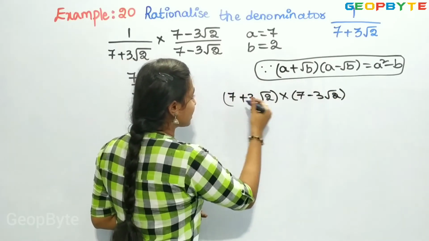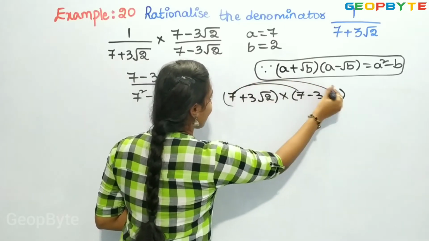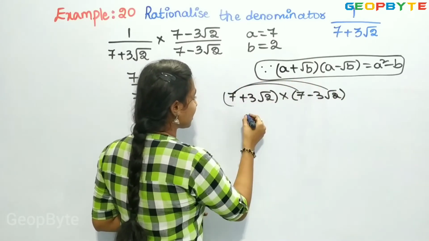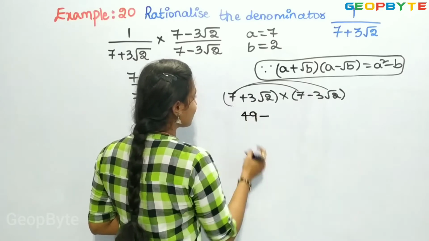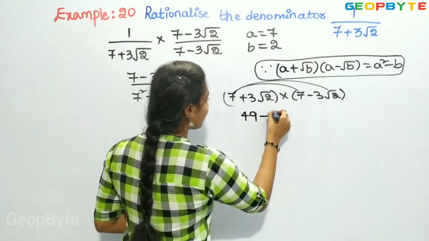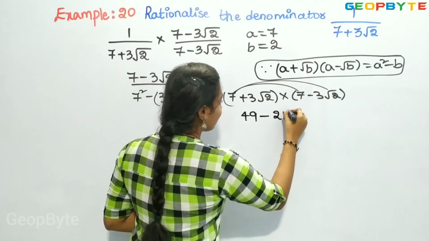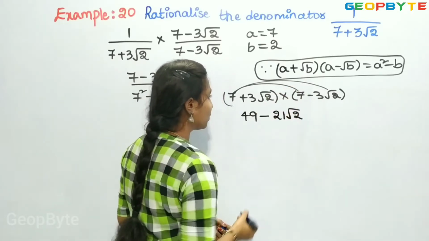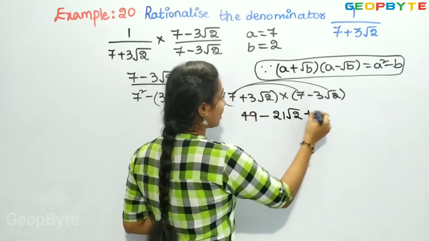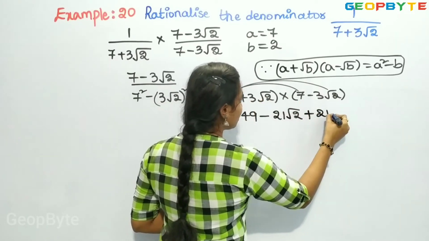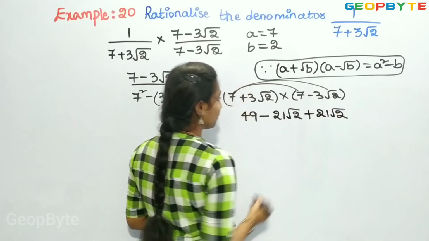First 7, we need to multiply this and this, that is 7 sevens are 49, minus 7 threes are 21 and we have root 2, so 21 root 2, plus 7 threes are 21, we have root 2, let us write root 2.